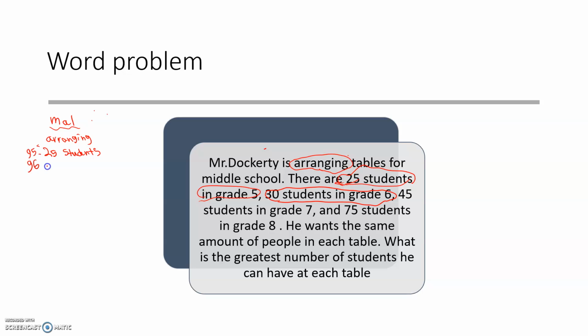Yep, 30 students. 45 students in grade 7. And in grade 8, there's 75 students. Pretty cool, huh?